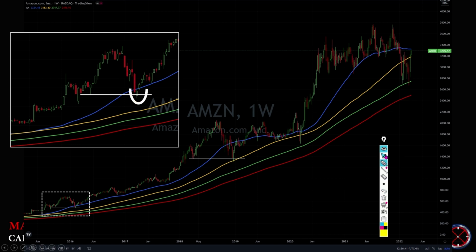That's where I go long, or you could wait for it to close above the 50 moving average, and you could go long over here if you want more confirmation. But if you wait for more confirmation, you might buy at a higher price. But of course it's more reliable when you have more confirmation. So pros and cons on that.